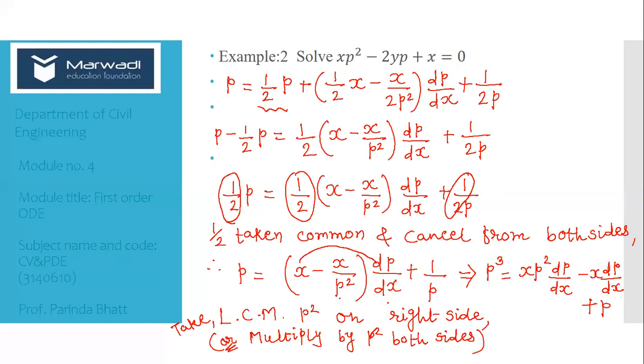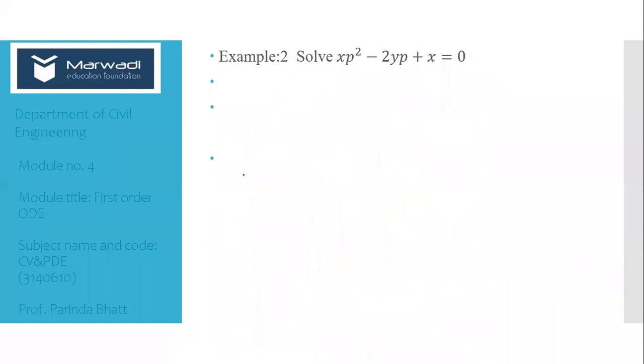In this slide, very simple simplification using the mathematical terms. Now this is our last one. p cube equal to x p square dp by dx minus x dp by dx plus p. Now we move all the terms onto the left hand side.